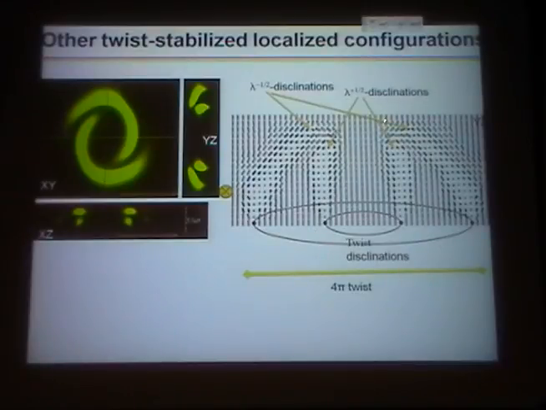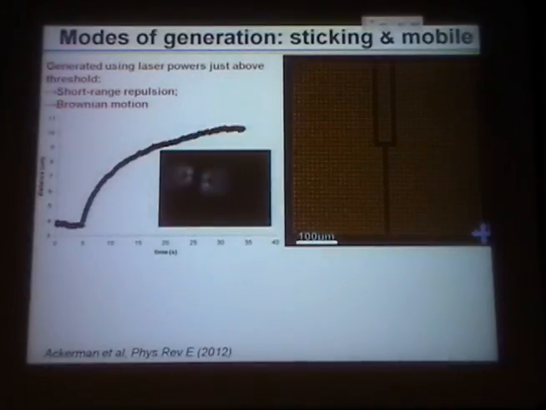And the structure is also asymmetric with respect to the middle plane of the liquid crystal cell. Right? So on one side we have so-called lambda disclinations, loops of lambda disclinations. On the other side we have twist disclination loops, this makes the structure, as I already mentioned, asymmetric with respect to the middle plane of the liquid crystal cell.